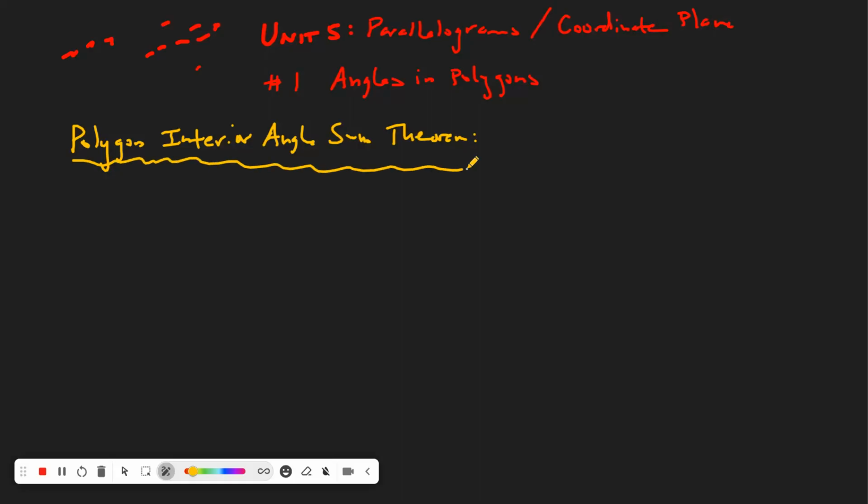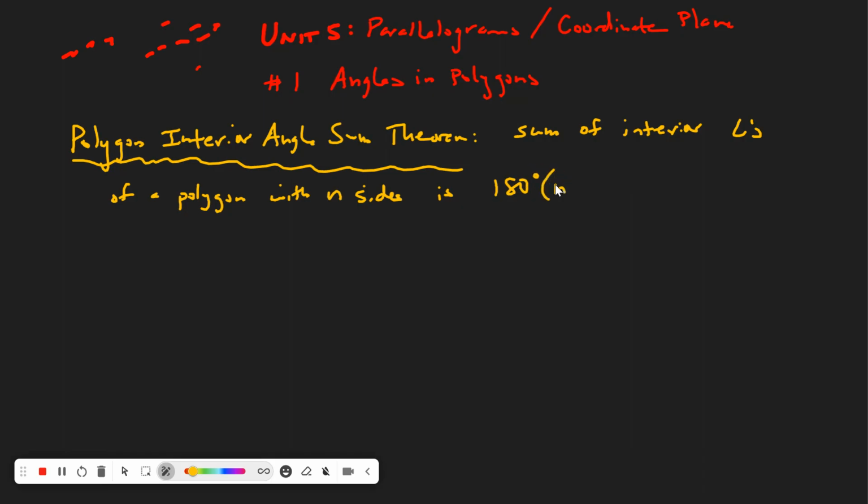It says that the sum of the interior angles, I'm going to use the angle symbol if you don't mind, of a polygon with n sides is 180 degrees times n minus 2. And that's your formula.